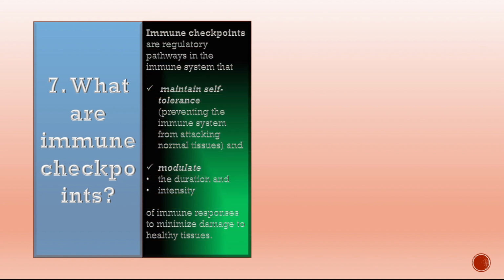Here we have the definition. Immune checkpoints are regulatory pathways in the immune system that maintain self-tolerance and modulate the duration and intensity of immune response to minimize damage to healthy tissues.